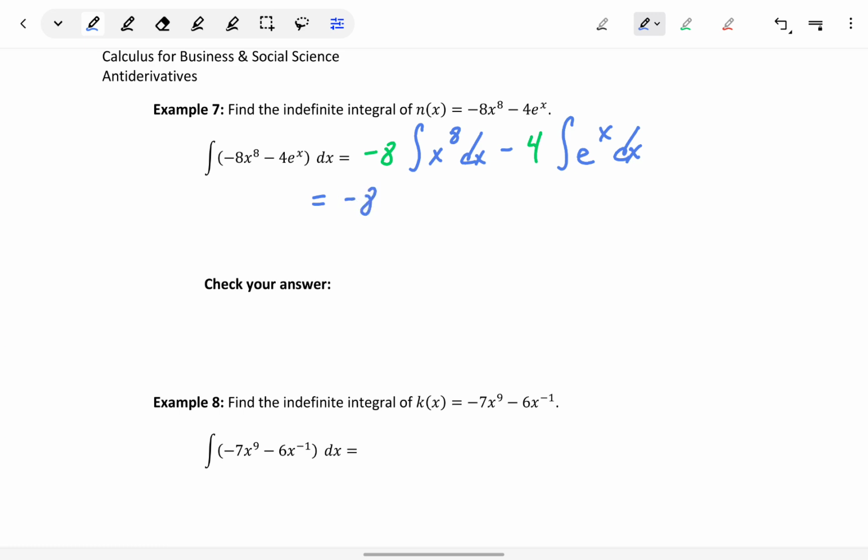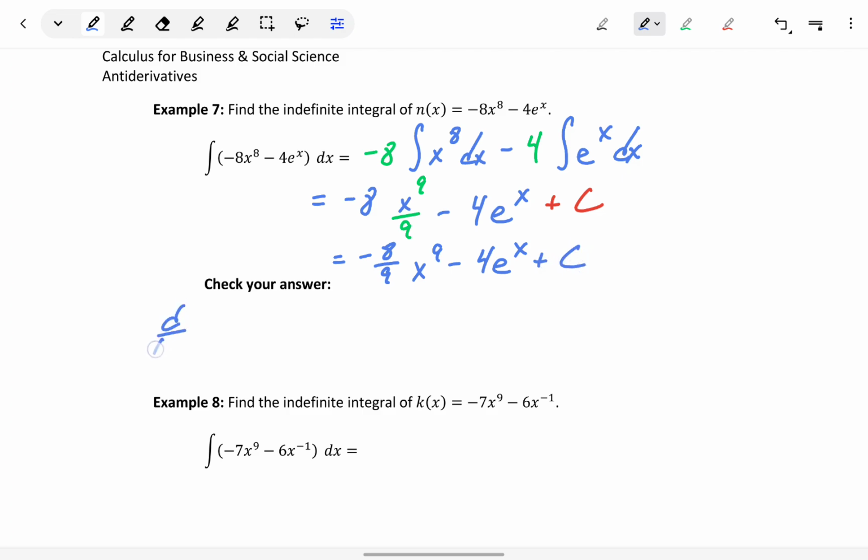And here we'll get negative 8 times x to the 9th divided by 9 minus 4 e to the x plus that constant c, which we could rewrite as negative 8/9 x to the 9th minus 4 e to the x plus c.